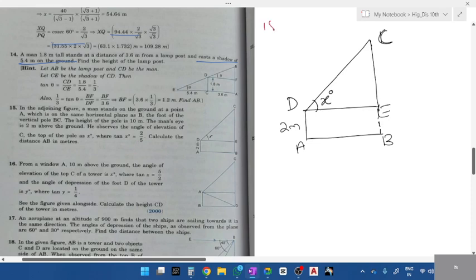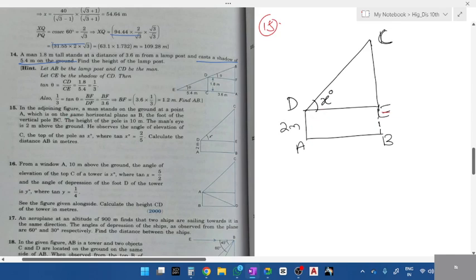We are doing the 15th one. DA or DE? Will the man be sleeping? DE or DA, students? DA. Okay, I had it as DE. See, only if you are standing can the angle of elevation be seen. So it is DA.